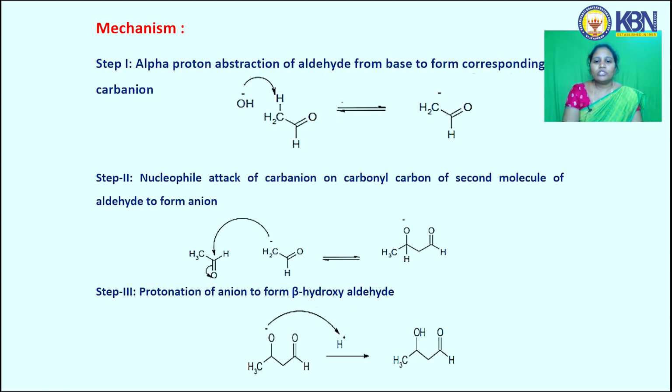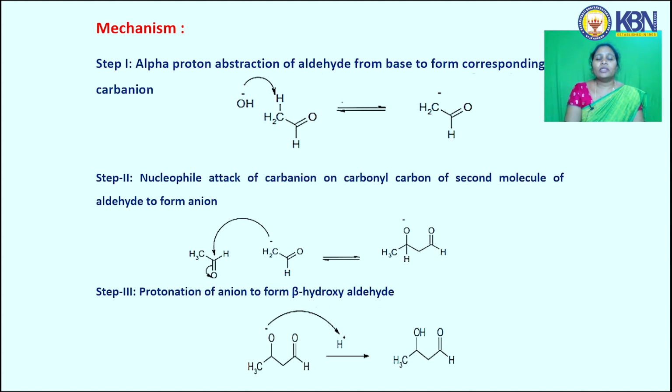Aldol condensation means the condensation of two moles of aldehydes or ketones to form the corresponding beta hydroxy aldehyde or beta hydroxy ketone. The main condition for the participation of aldehydes or ketones in this reaction is that, first of all, they should have the alpha hydrogen.